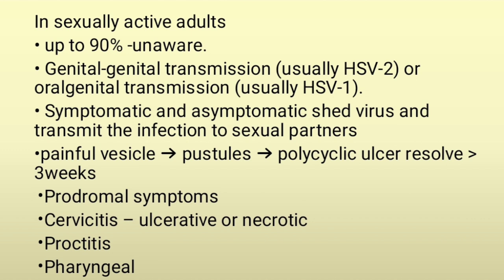A female patient most of the time has cervicitis, which we fail to recognize because of the presence of a painful genital ulcer, so we don't attempt speculum examination. The cervicitis can be either ulcerative or necrotic. In MSM and female patients, proctitis can be a presentation, and pharyngeal lesions can be present.